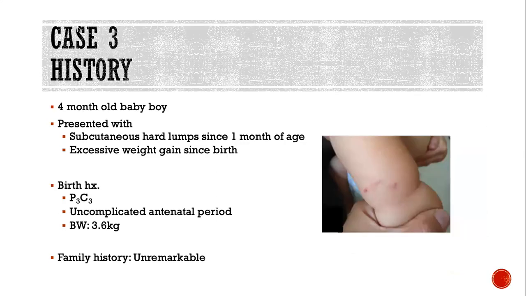He presented with subcutaneous hard lumps since 1 month of age, and his mother has noticed excessive weight gain since birth. His birth history was uneventful, and his birth weight was 3.6 kilograms. His family history was unremarkable.